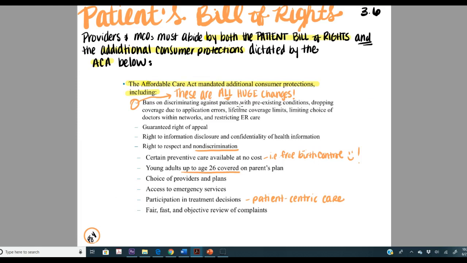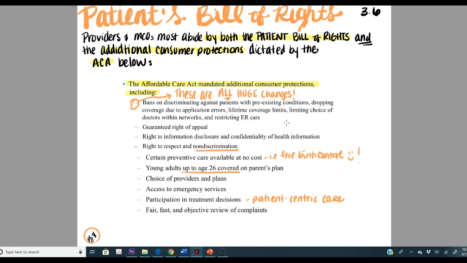Before, an insurance may cap out at like $1 million of lifetime treatment, and they did away with that because it is not hard to reach $1 million when you have a metastasizing cancer that requires treatment. That's not hard to do in a matter of a year, especially in California. So they did away with those lifetime coverage limits. That's really cool. And then limiting of the choice of doctors within networks, they did that. And then restricting ER care, they also did away with that.